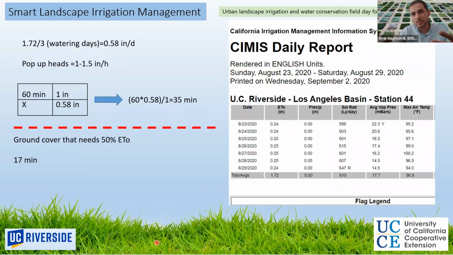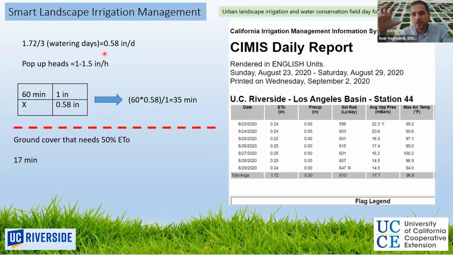How would you then use reference evapotranspiration data? I think you can do many simple calculations that are beneficial for people who don't want to install smart controllers, but still want to make an educated guess, or want to know exactly how much water they should apply. This is just a simple example. This is a week's worth of evapotranspiration data from CIMIS, and you can see that the total reference evapotranspiration was 1.72 inches.